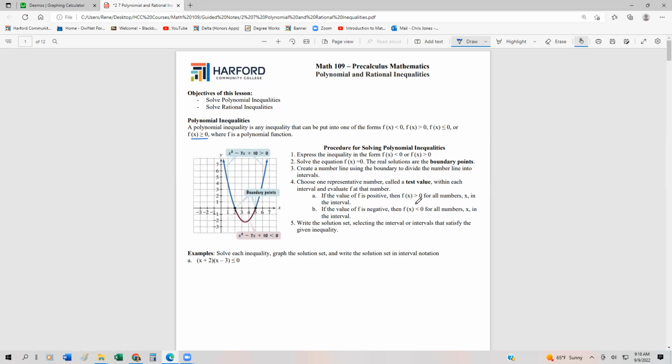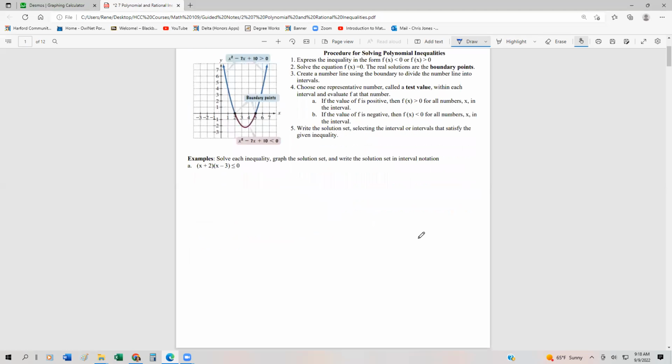If f of x is negative at that test value, then all the values within that interval are going to be less than 0. So the behavior is predicted by that test value, or it's going to be the same as it. Finally, we write the solution set, and then we write it in interval notation.